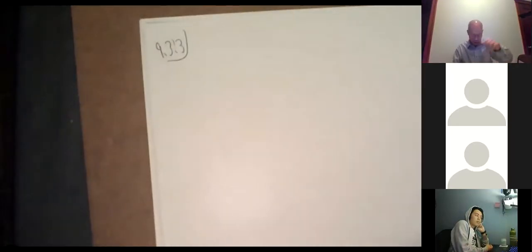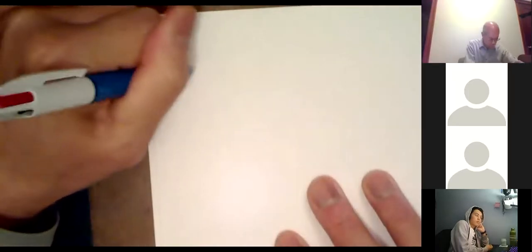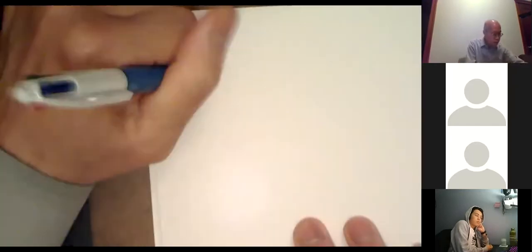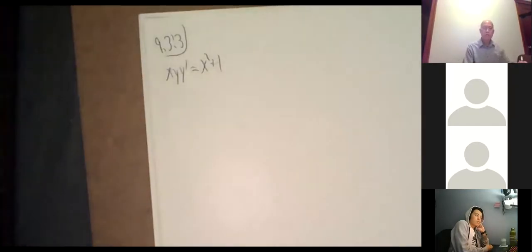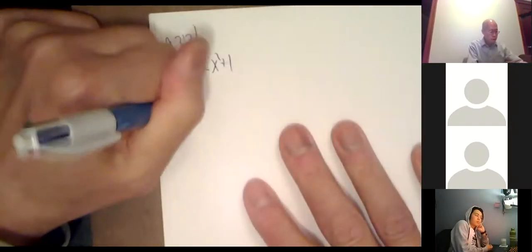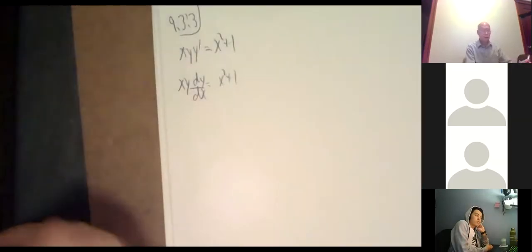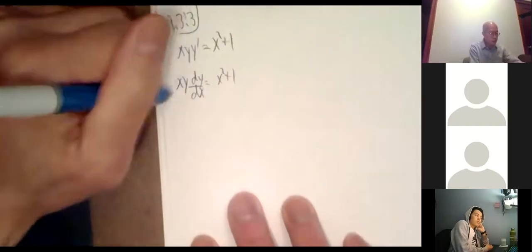Number 3. x y y prime equals x squared plus 1. So x y dy/dx equals x squared plus 1. Divide by x and multiply by dx.